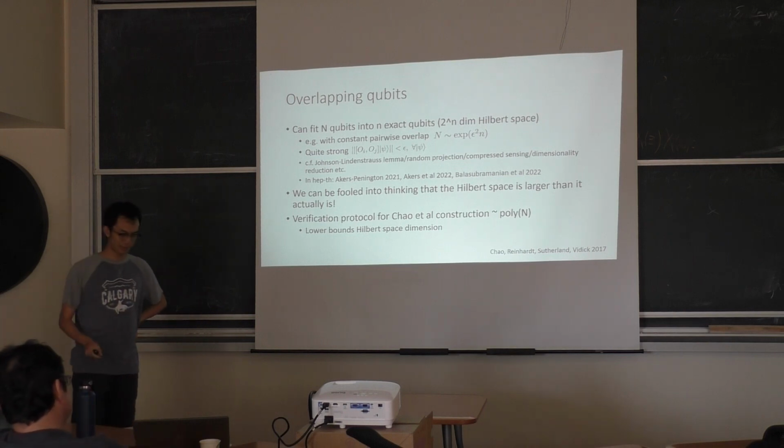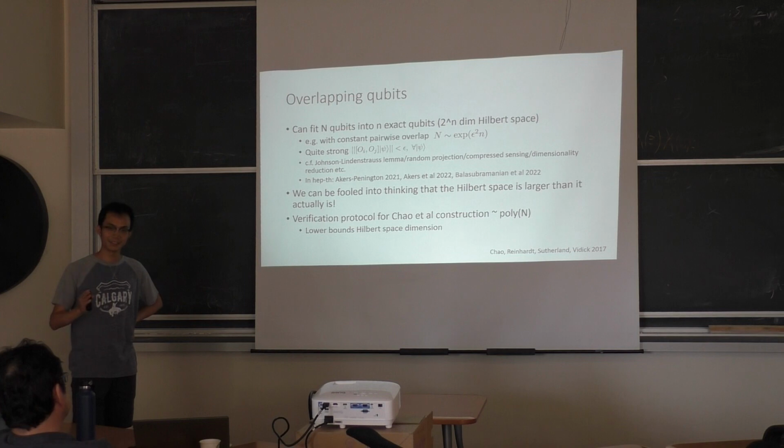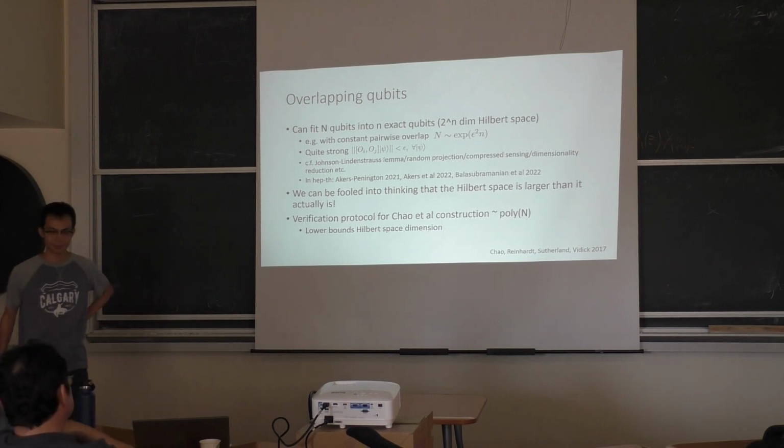Exactly. So these small epsilons lead to big properties exactly because you can fit e to the n approximately orthogonal vectors into an n-dimensional vector space, but you can only fit n vectors if they are exactly orthogonal.